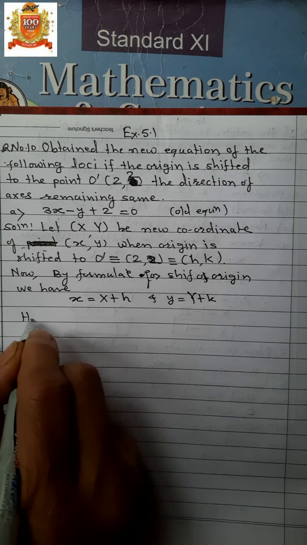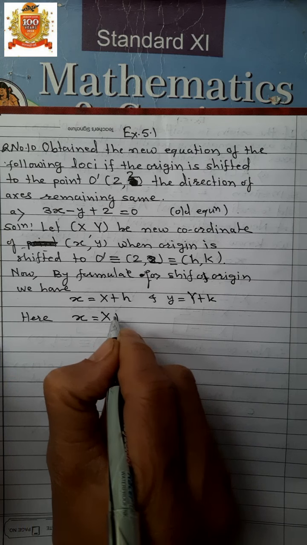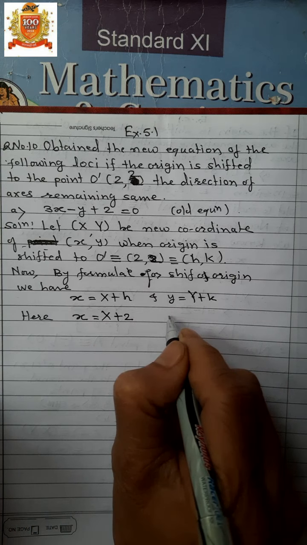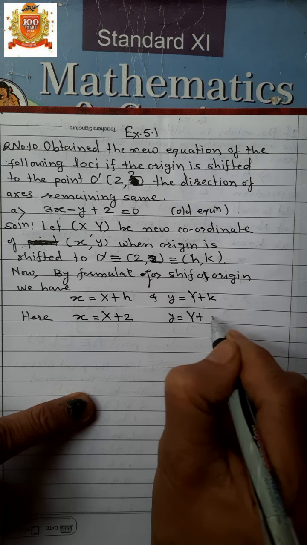Here, small x is equal to capital X plus 2 and small y is equal to capital Y plus 2.